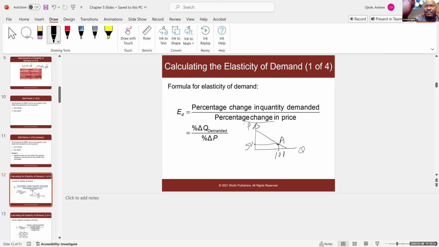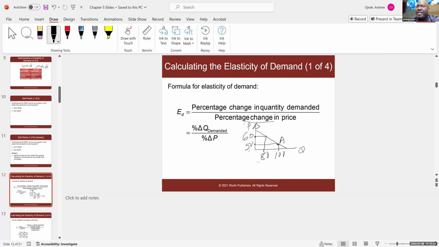Then the price of the good goes up to, say, $60. We want to see how consumers cut back. Maybe quantity goes to 80, whatever it is. You guys know how to calculate percentage change. When the price went from 50 to 60, you take 60 minus 50, divided by 50, times 100. That's the percentage change in price.